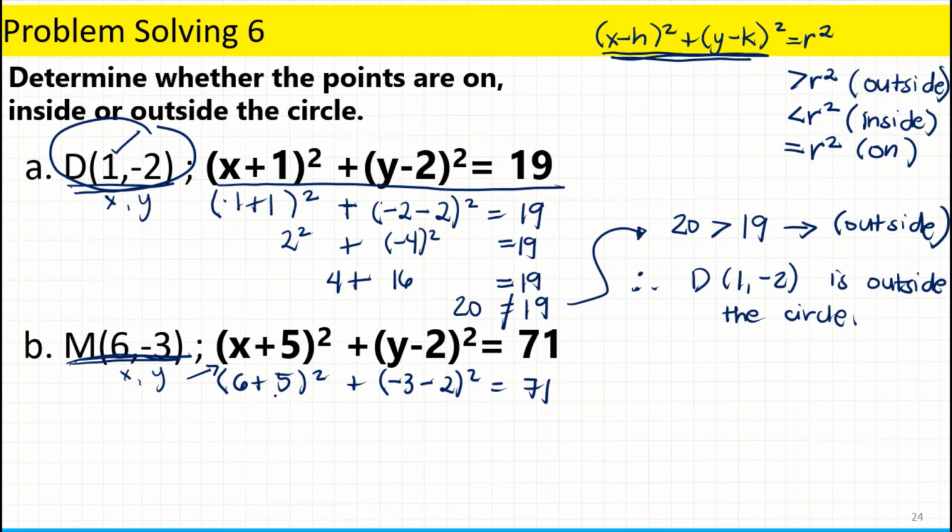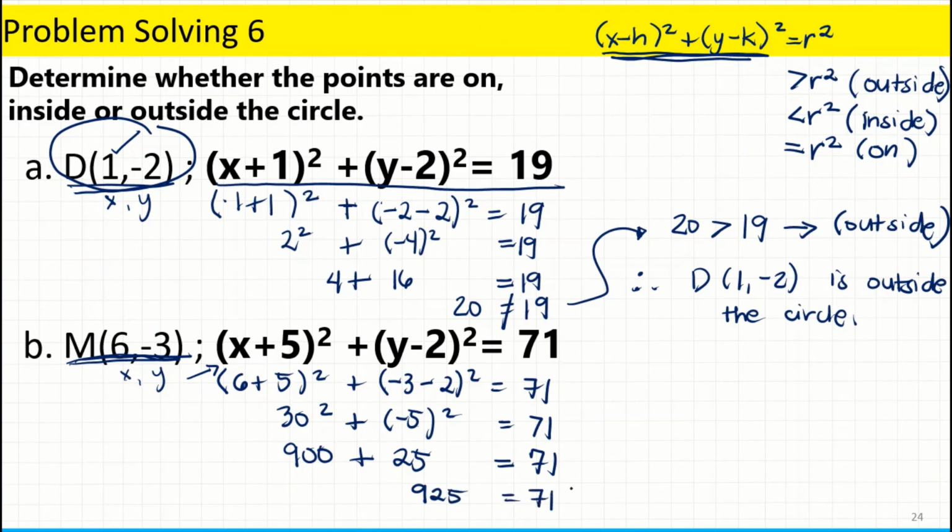Simplifying further, 6 + 5 = 11, squared, plus −3 − 2 = −5, squared, equals 71. 11² = 121 plus (−5)² = 25, which is 146 = 71.